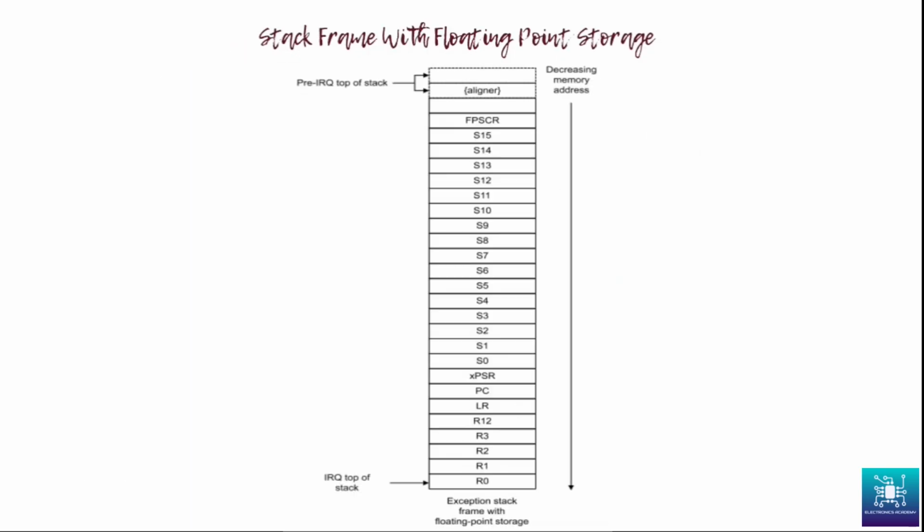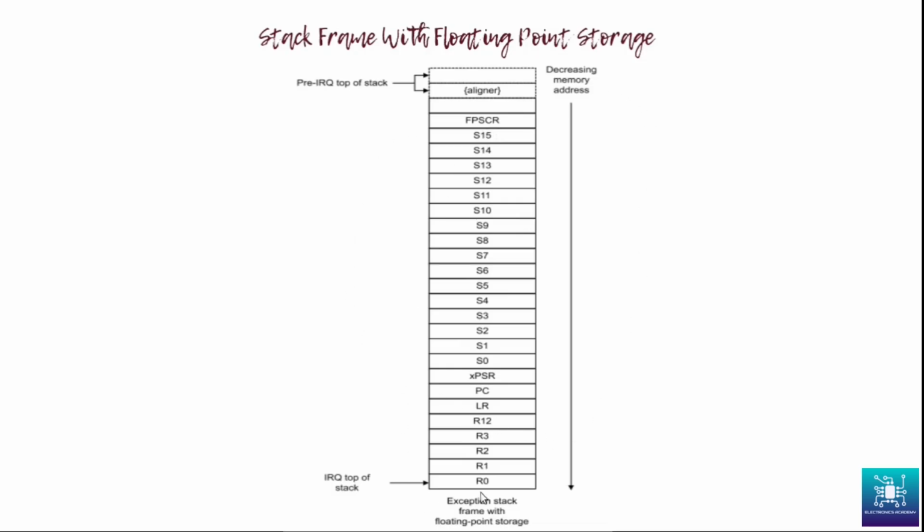In the case of a floating point, the same process repeats, but imagine the same process happening, but in the case of floating points, the number of registers are much higher. So as you can see, it not only saves the registers that we saw previously, but it also saves the floating point registers and then floating point status register and everything.